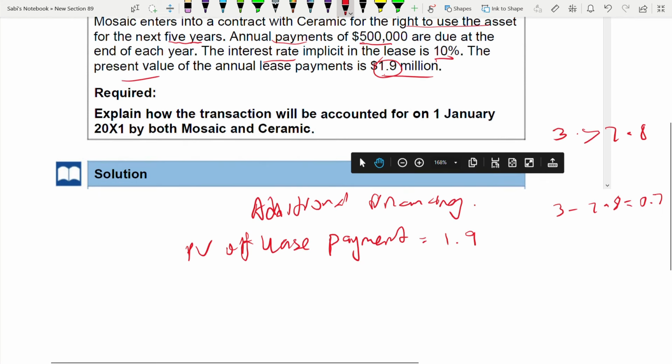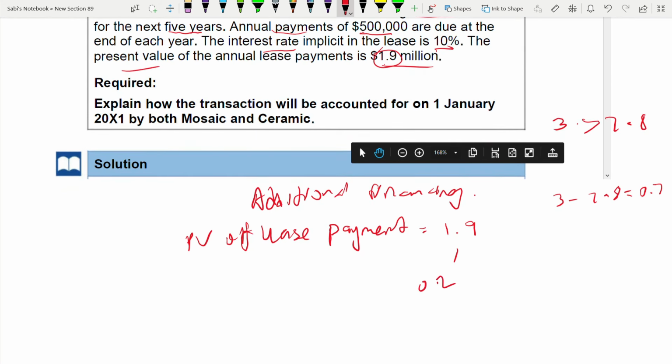So out of this 1.9, 0.2 is additional financing that Mosaic has been given, and the remaining 1.7, the balance, is for the lease.